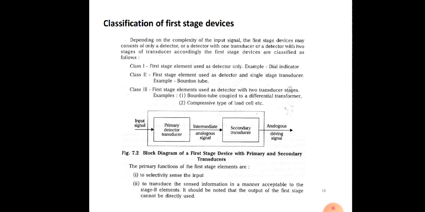Whatever is sensed must be transduced so that it is acceptable at stage 2. These are the two major functions of stage 1 devices.